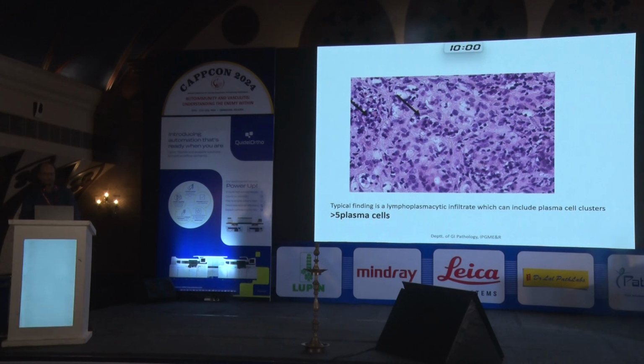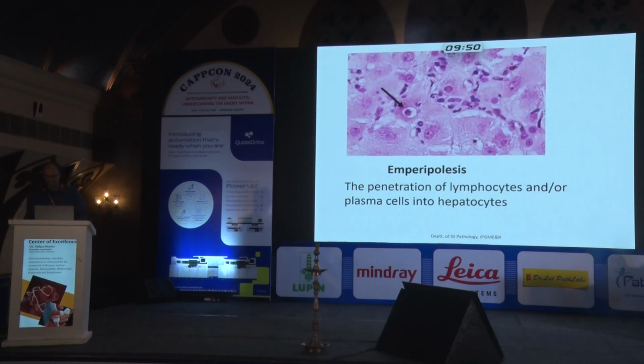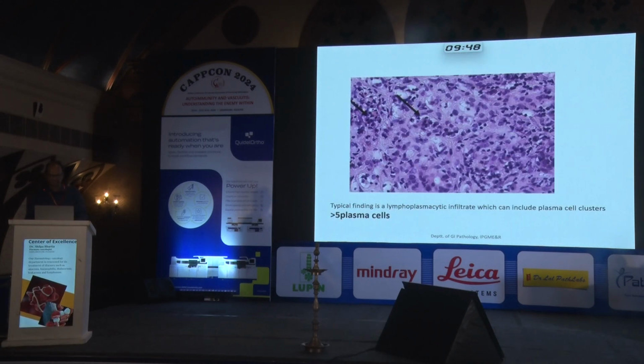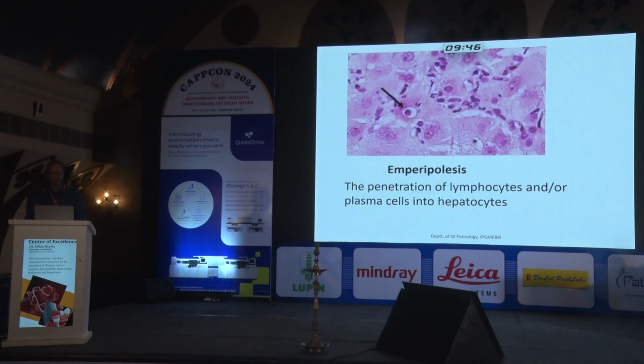And lymphoplasmacytic infiltrate is our requirement for autoimmune hepatitis. So plasma cells should be there, and if a collection of more than 5 plasma cells is there, it is taken as a plasma cell cluster. Emperipolesis, we all know, thanks to Rosai-Dorfman disease, but here it's a little different.